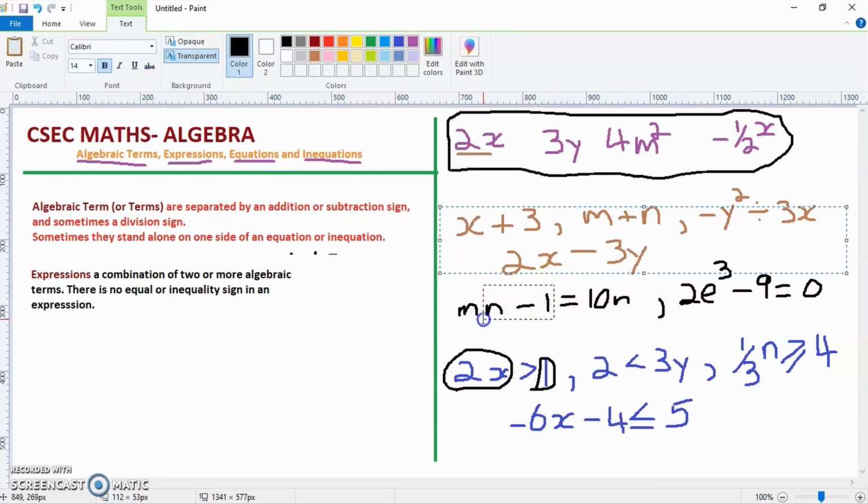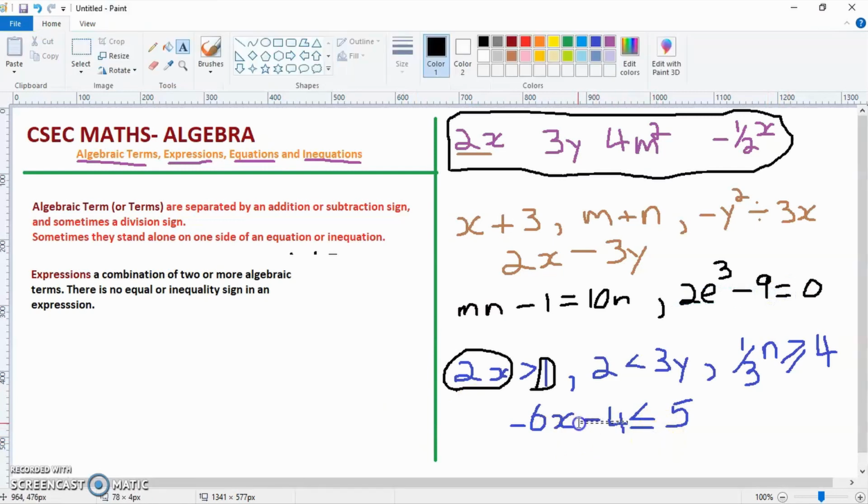Also here on this side of this algebraic entity, mn minus 1, that's an expression. Only that part. We're leaving out the equals 10n, but the left side of the equal sign is an expression. Here also the left side of the equal sign is an expression. Here we have an expression, negative 6x minus 4.